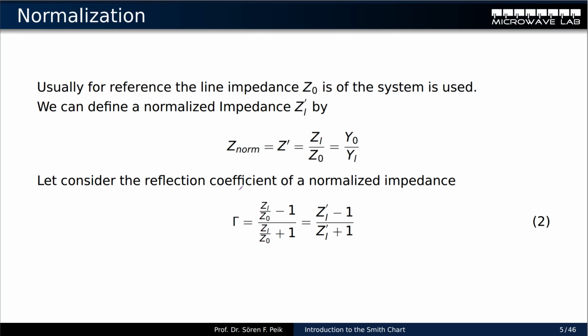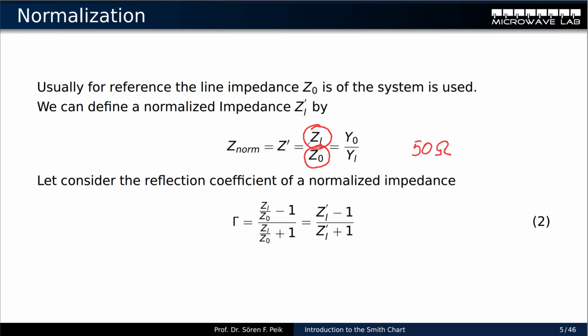The first step is to normalize your load impedance ZL. ZL can have a big range of values. In order to make it easy to use in a graphical chart, we have to normalize it. That's why we normalize our load impedance by the line impedance. And the line impedance Z0 is very often 50 ohms.